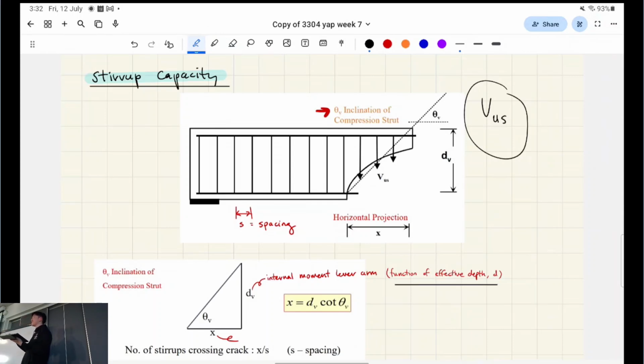We all good with that concept? If we're designing for one section like this, how do we get that as a function of spacing? This is the way they've derived it and found a way to get it as a function of spacing.